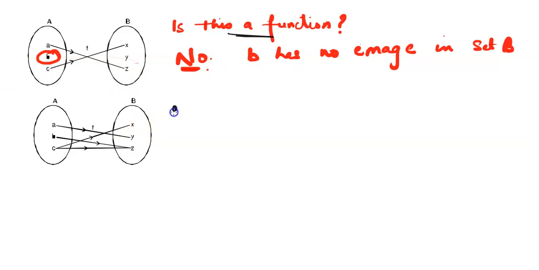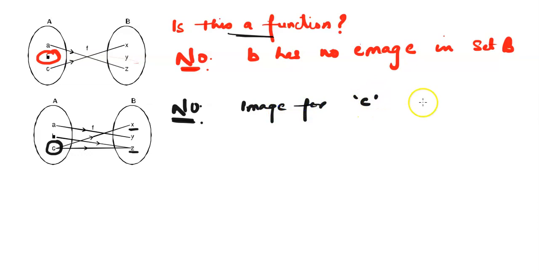And again, the answer is no, because the element C has two images, X and Y. So the image for C in set B is not unique.